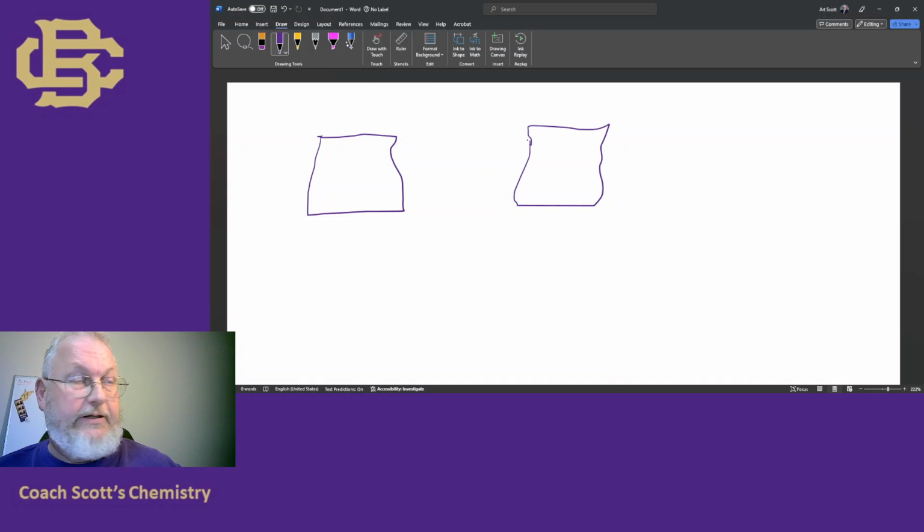Oil has a density less than water, so it's going to float on top. So how do particle diagrams using the atomic model of matter account for this difference between oil, which has a density less than water, which means it's going to float, versus a penny, which means it's going to go on the bottom?